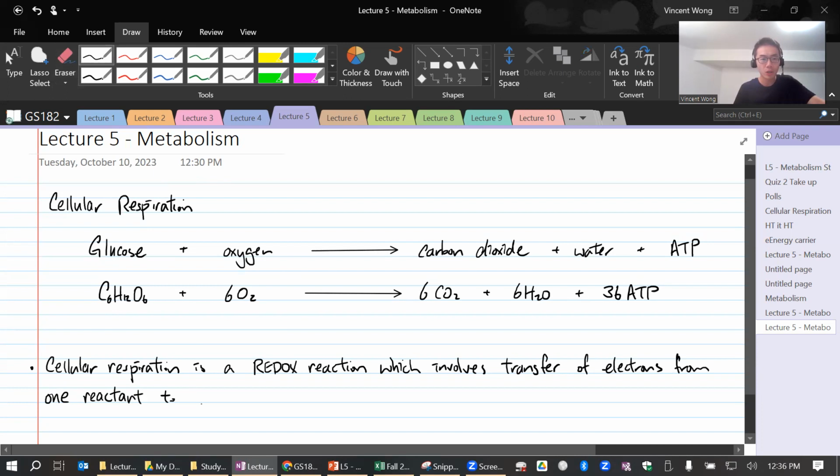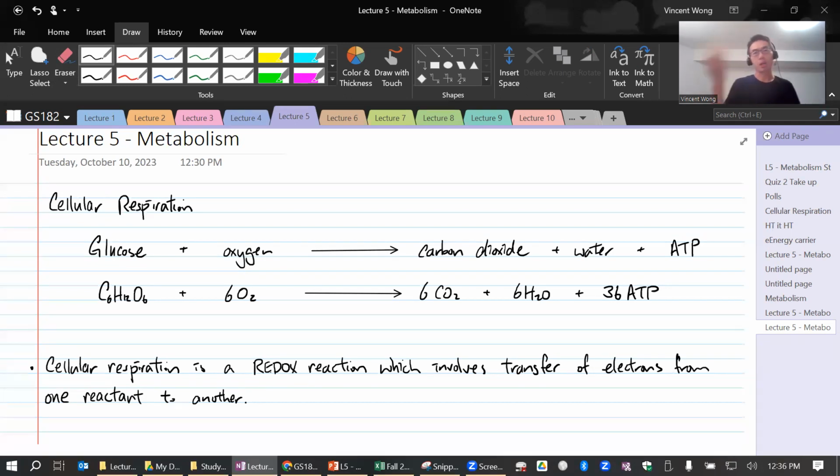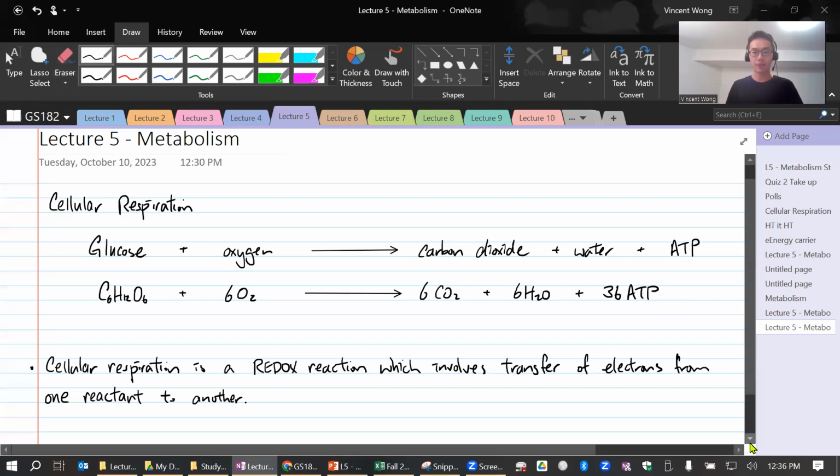One reactant to another. Okay, so that's what a redox reaction is. Something's going to be giving up electrons, something's going to be picking up those electrons. There's a transfer of electrons. We call those redox reactions.